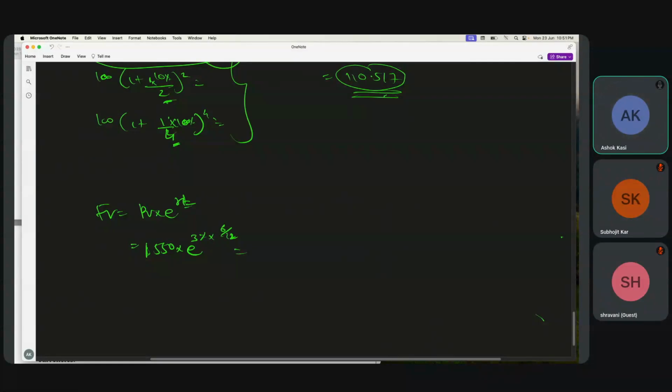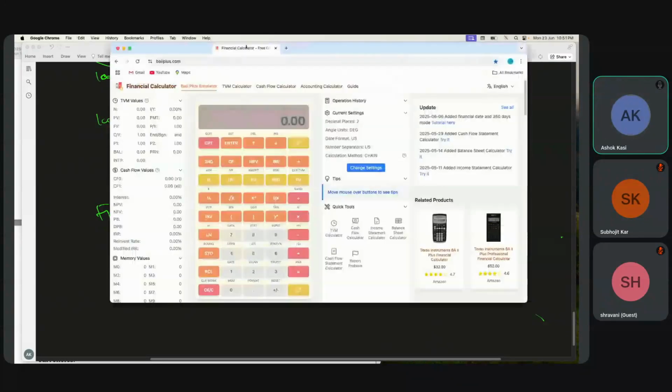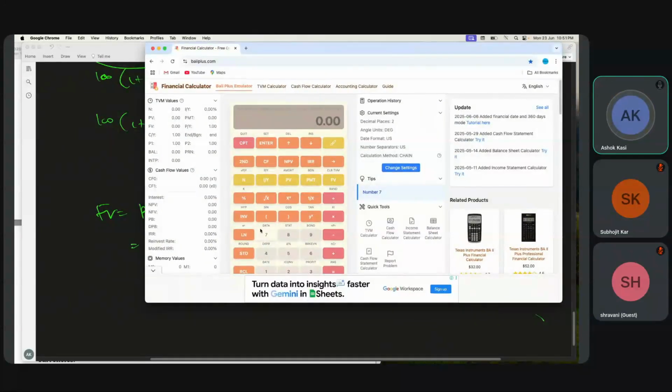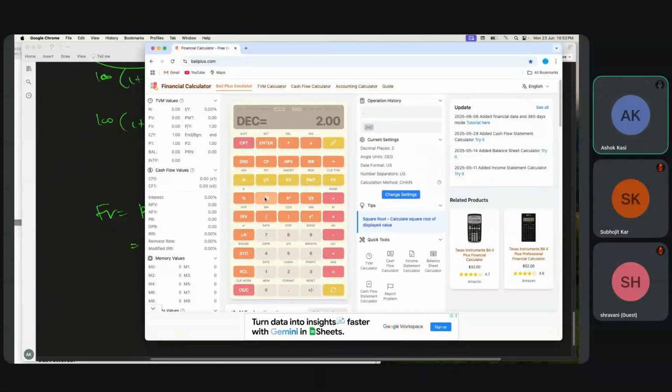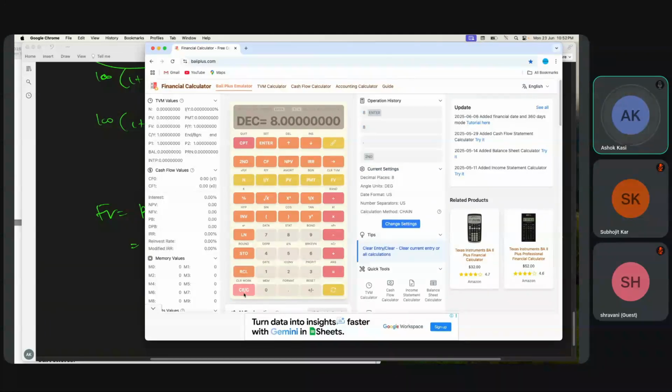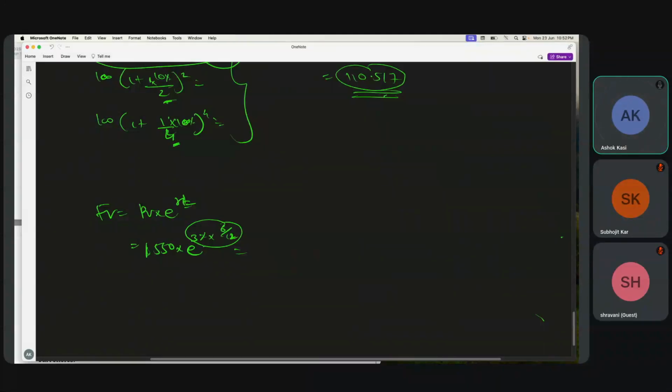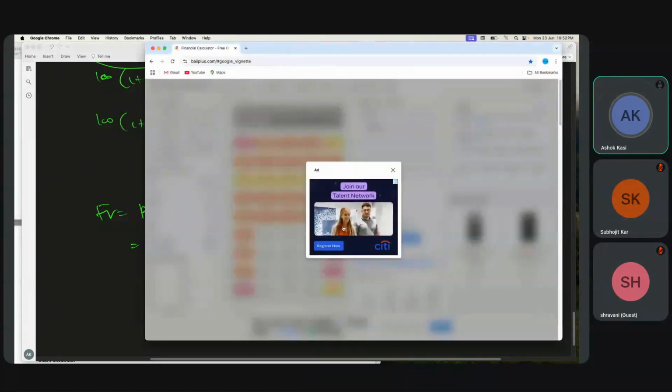Okay. Now, how do I calculate this one? So 6 by 12 will be 0.5.